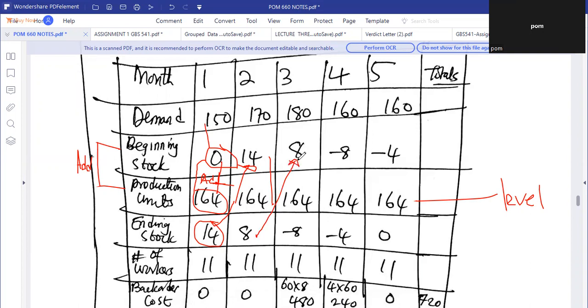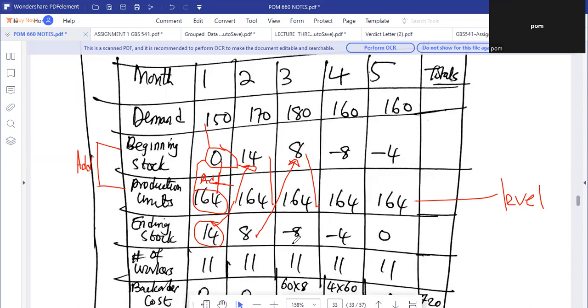So you still do the same: 8 plus 164 minus 180. You are actually going to have a negative 8. This minus simply means you are short to meet the demand, meaning our workforce has failed to manage to meet the demand.